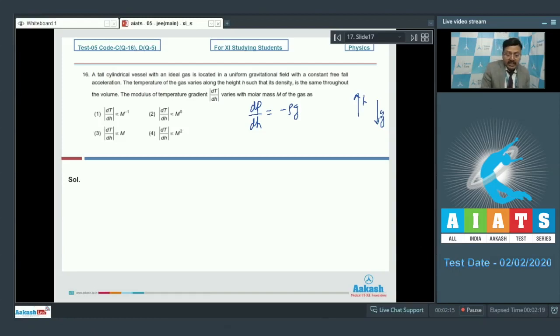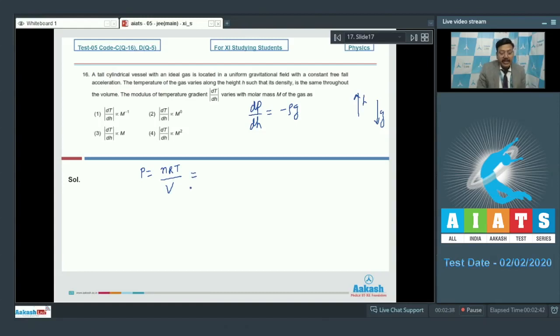So let's look at the expression for P. Pressure P using the ideal gas equation can be written as nRT by V. Now we have to bring in molar mass, and also of course density.